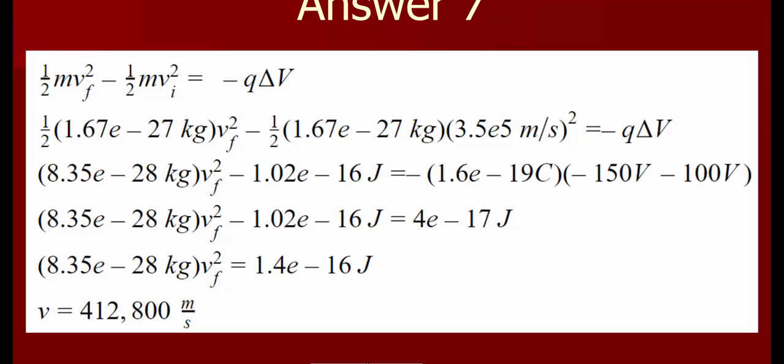So again, I feel like this is just one of those things, it's like, yeah, I can do that. You may not particularly want to, but I don't think that's terribly hard. But again, this should emphasize something to you. I don't think any of these steps in here is difficult, but how easy is it to miss something? Very easy. And that's one of the things that makes physics hard.